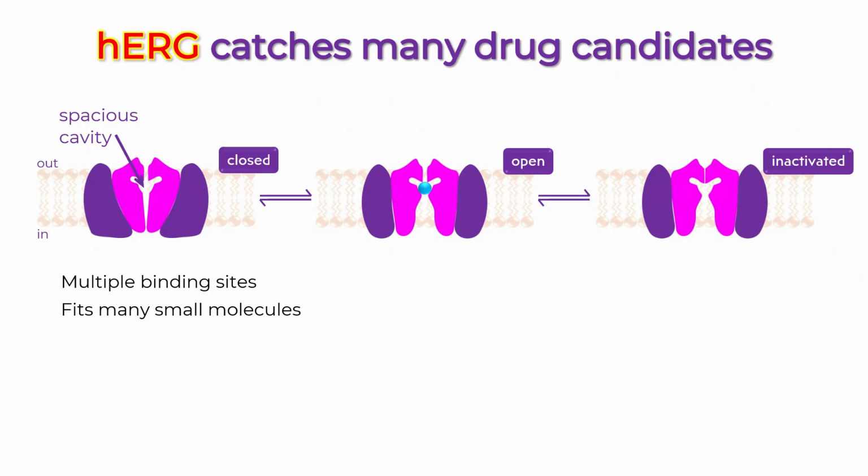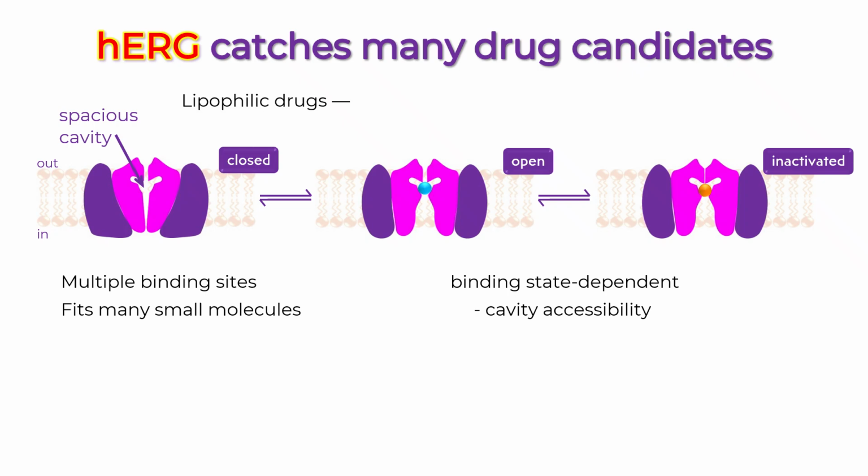Drugs can also enter the cavity from the cytoplasmic side when the channel is inactivated. Binding is often state dependent because the cavity becomes more accessible in open or inactivated conformations. Highly lipophilic or amphiphilic compounds may also partition into the membrane and reach the cavity laterally.